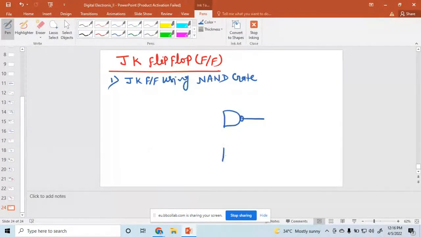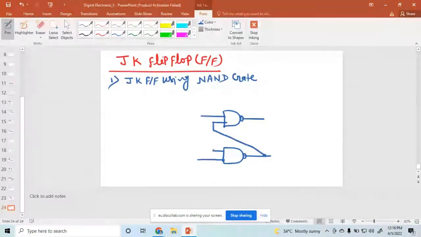Here one NAND gate, one NAND gate is here.